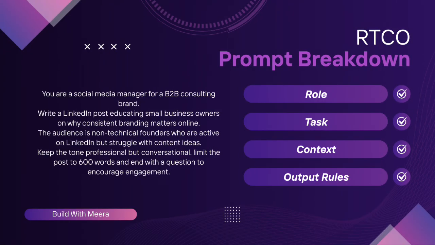Now, with this prompt, I have a role, which is a social media manager for a B2B consultancy brand. Our task is to write a LinkedIn post educating small business owners on why consistent branding matters online. Our audience is non-technical founders who are active on LinkedIn but struggle with content ideas. Our output rule is to keep the tone professional but conversational, limit the post to 600 words, and end with a question to encourage engagement.